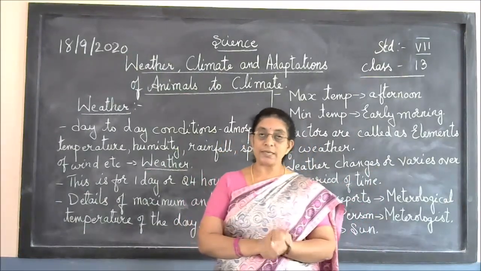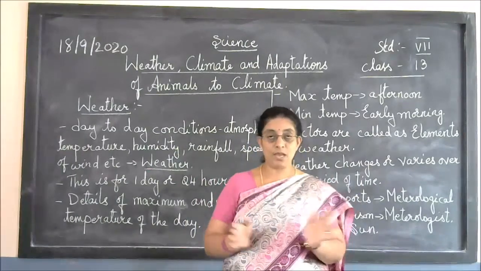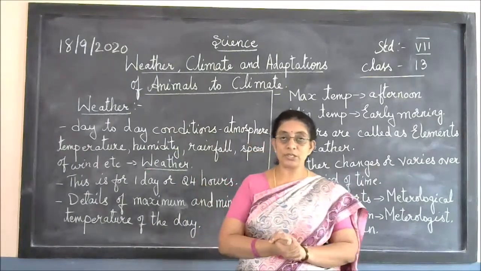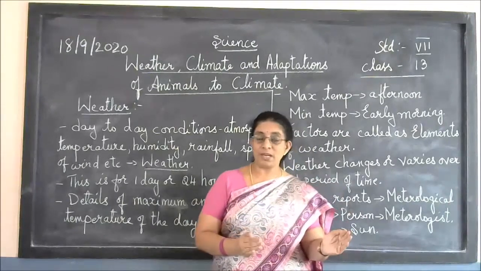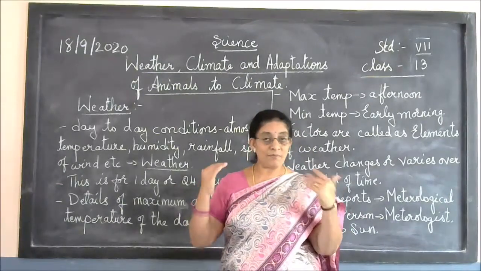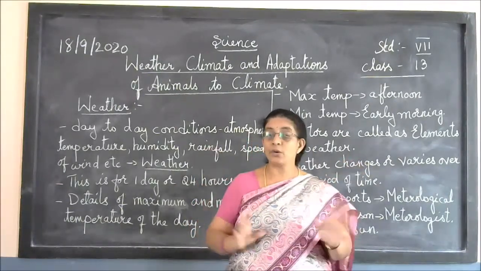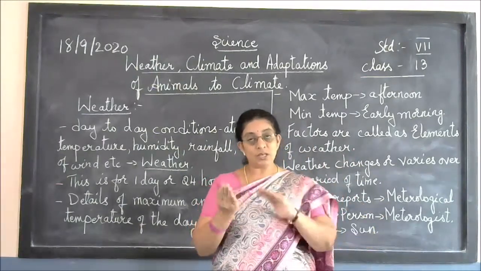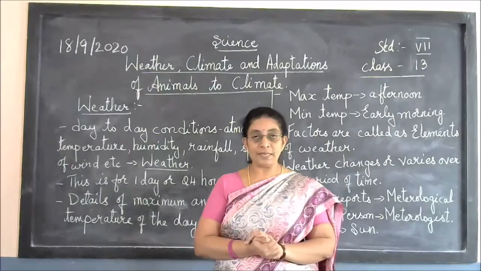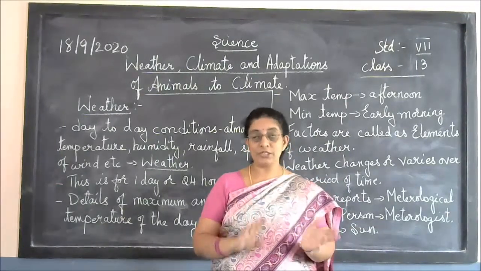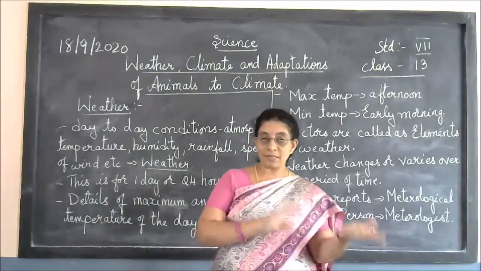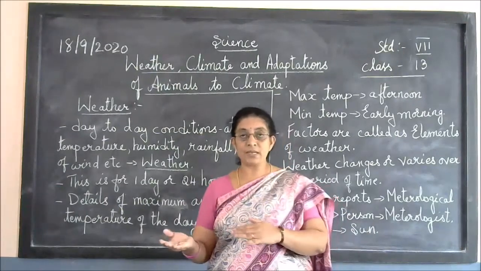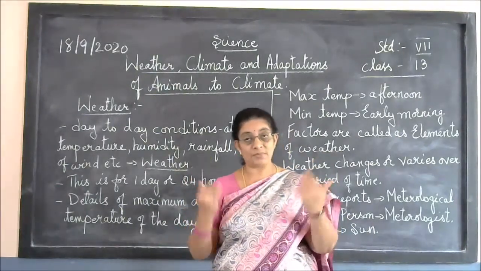And not only that, sometimes in the same day, you will find variations. Morning it will be very cold, by afternoon it will be very hot, and towards evening you will have downpour rain. So the weather keeps changing within a short period of time. It varies. Sometimes it is sunny, sometimes it is rainy, sometimes it is cold, sometimes it is very hot.